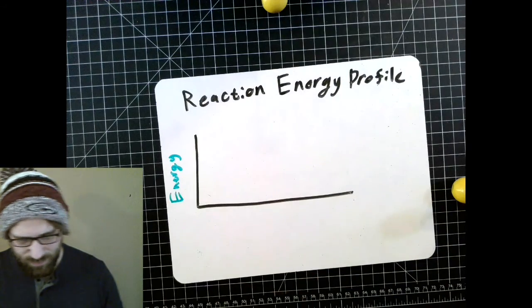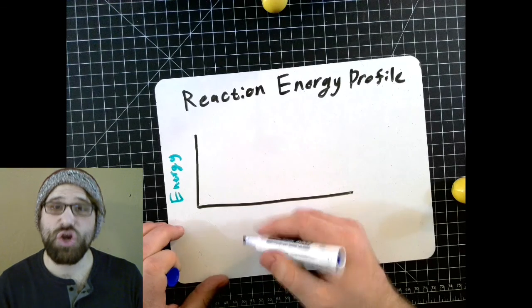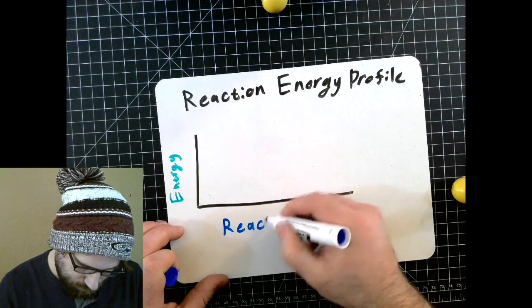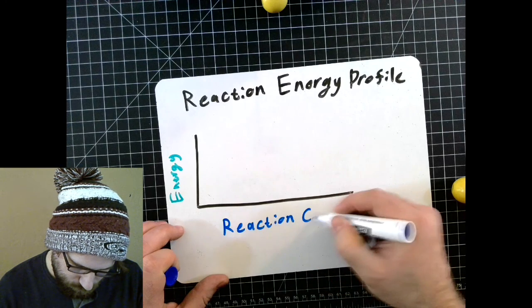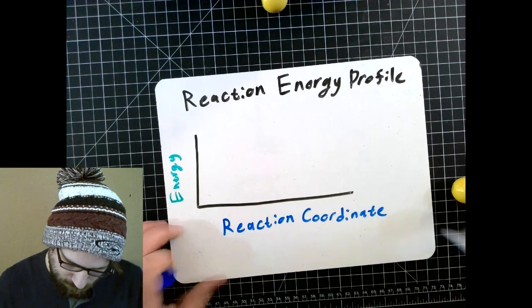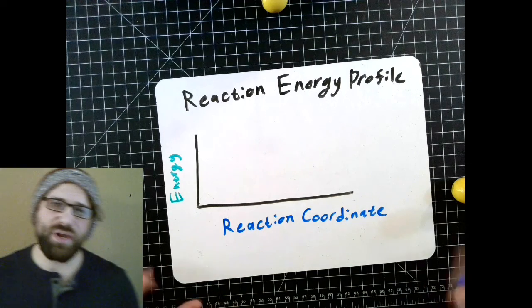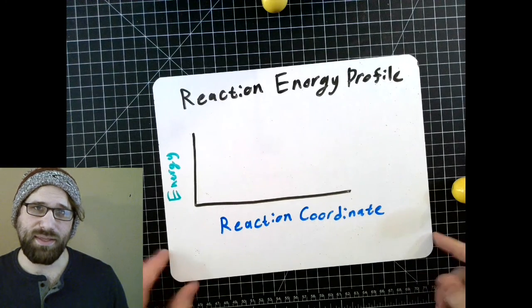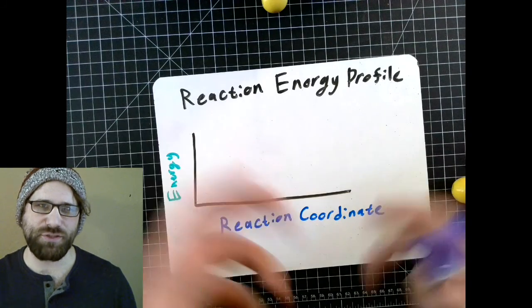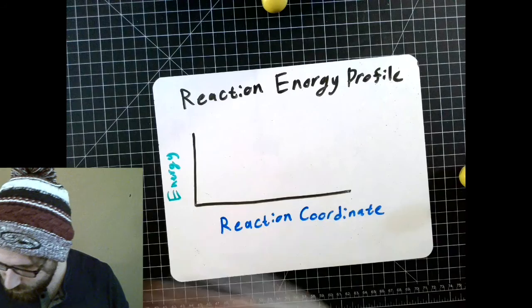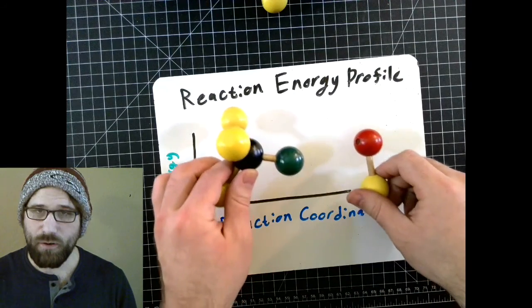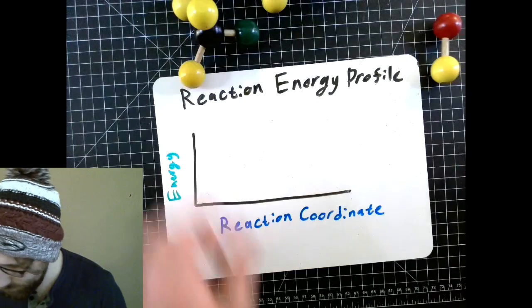Our x-axis is going to be what's called the reaction coordinate. The reaction coordinate is the certain spot within the reaction where things are occurring. So it could look like, while this reaction happens, this is our first part, so we could make a little mark on our graph here.